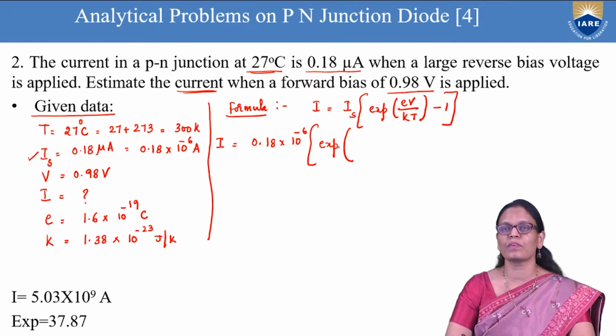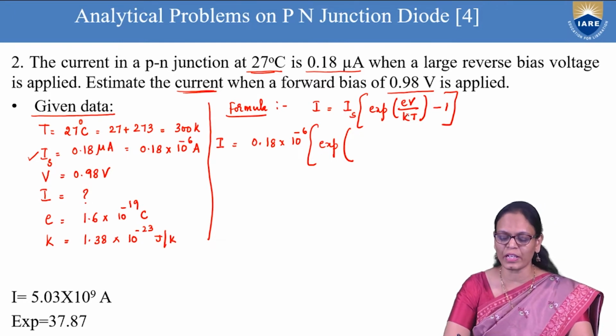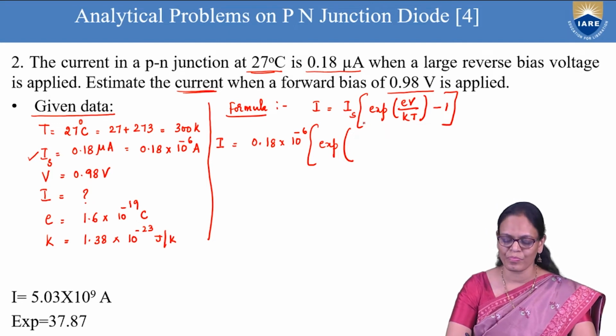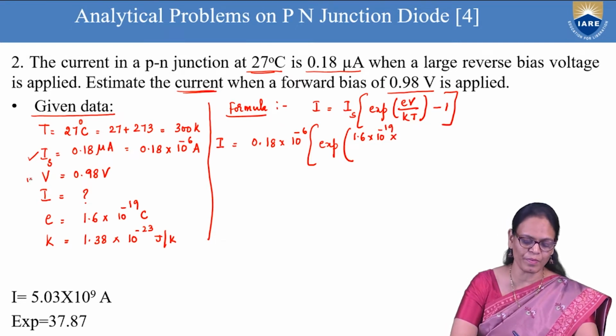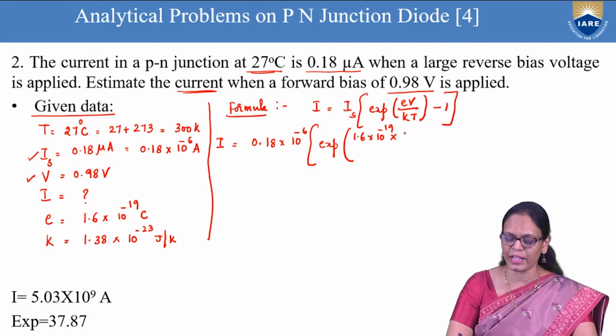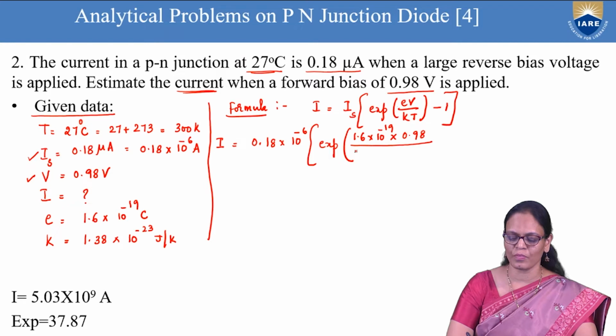So let us put the values for E, V and KT. So 1.6 into 10 power minus 19. And what is the voltage applied that is given? 0.98, upon the value of K, 1.38 into 10 power minus 23, into temperature.